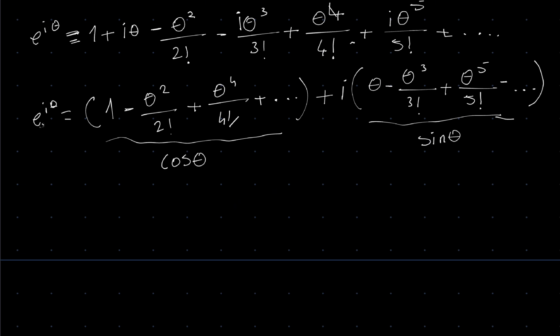So our e to the I times theta will be equal to cosine theta plus I times sine theta. So that is actually that simple.